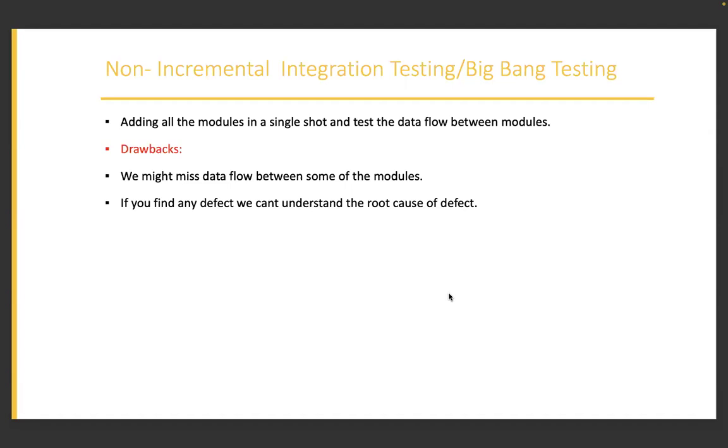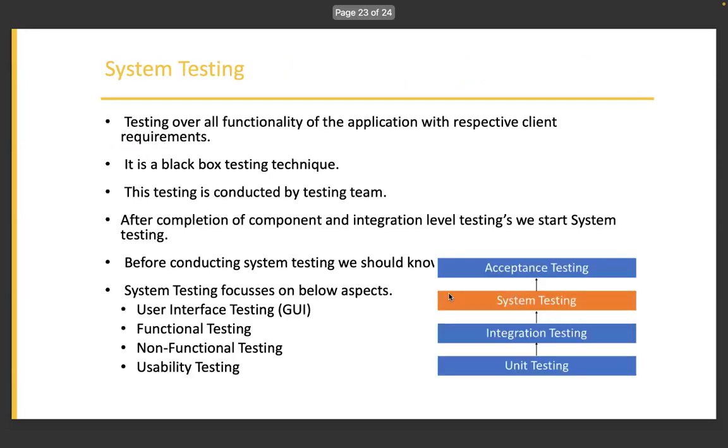Okay, so that type of testing, we usually call it big bang testing or non-incremental integration testing. Over here, you don't need to have the complete knowledge of the application, guys. The only thing is your intention is to identify the defect. That's it, nothing else. Okay.